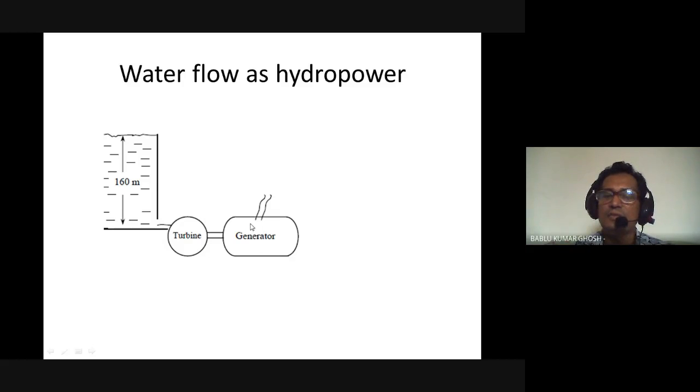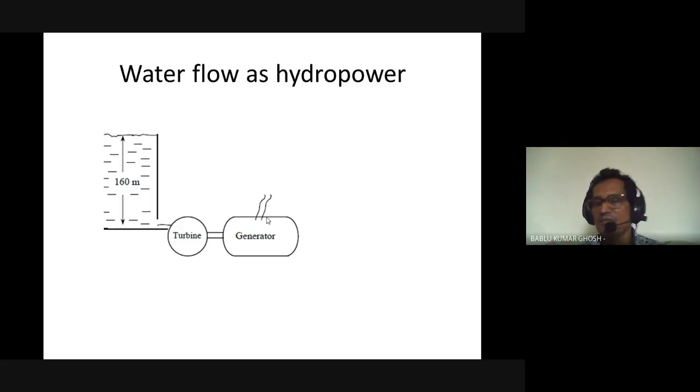Then ultimately it produces electricity. Think about how many interfaces there are here: potential energy to rotor interface, then rotor to generator interface, then generator to the electrical system interface, that means the line transmission of electric power. So here is one conversion, here is another, here is another. So a three-step conversion can change the water into electricity.